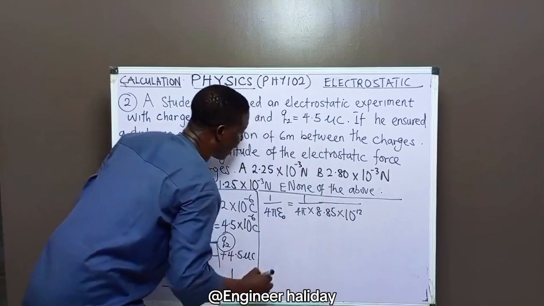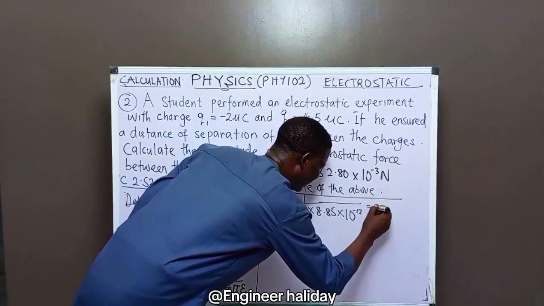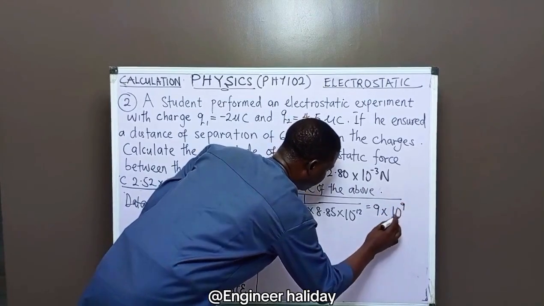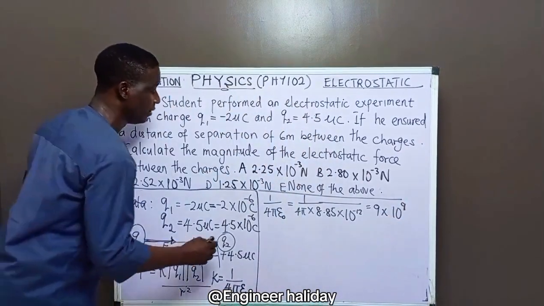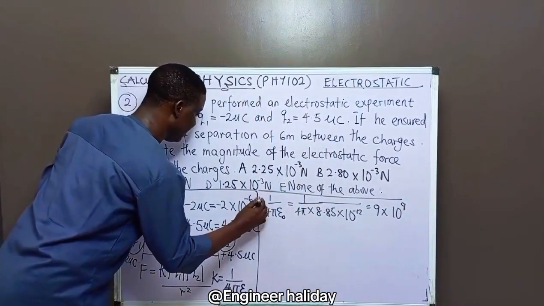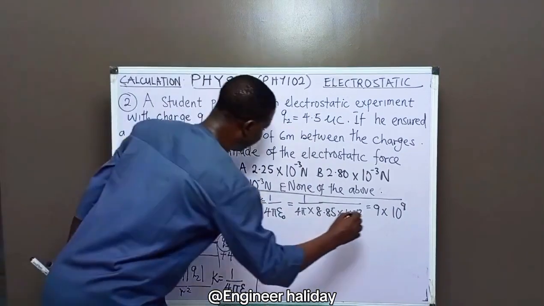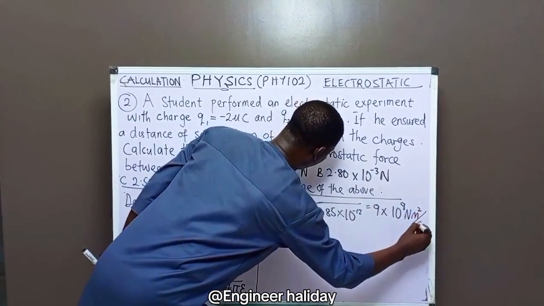If you do your calculation very well, you are going to have approximately 8.99, approximately 9 times 10 raised to the power of 9. That is our K. And what is the unit of K? The unit of K is Newton meter square per coulomb.